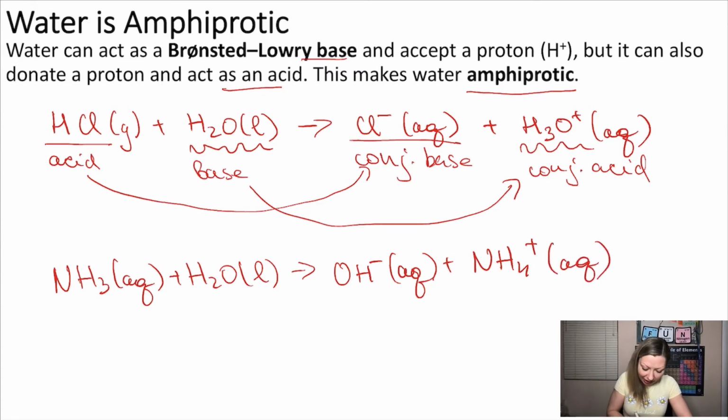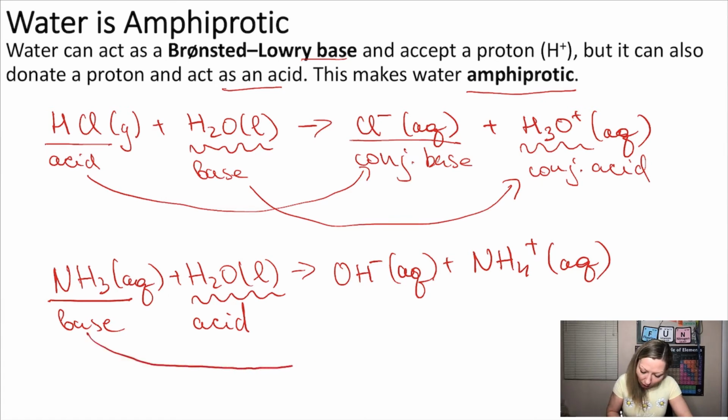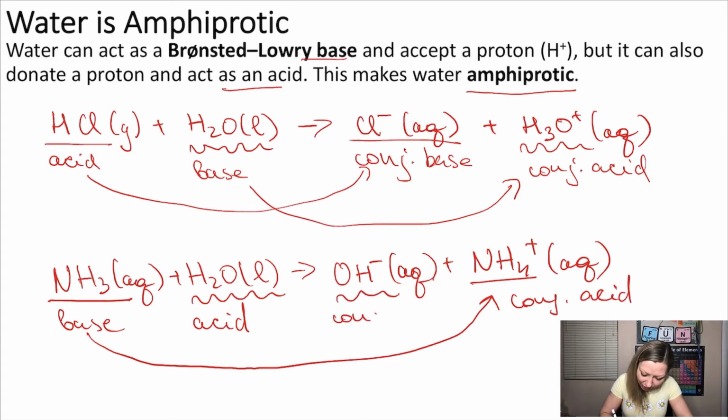So here, NH3 is going to be our base, and hence water is going to be our acid, which donates the proton. From the base, we are going to form the conjugate acid, and from the acid, we are going to form the conjugate base.